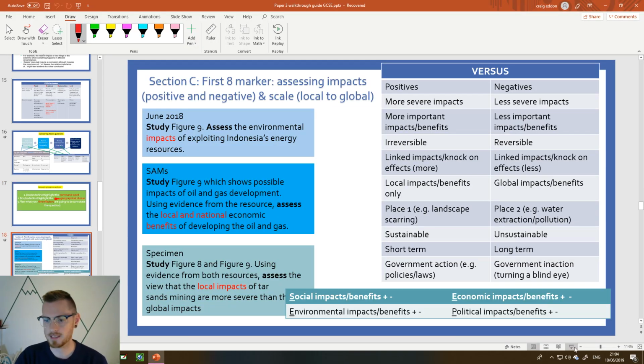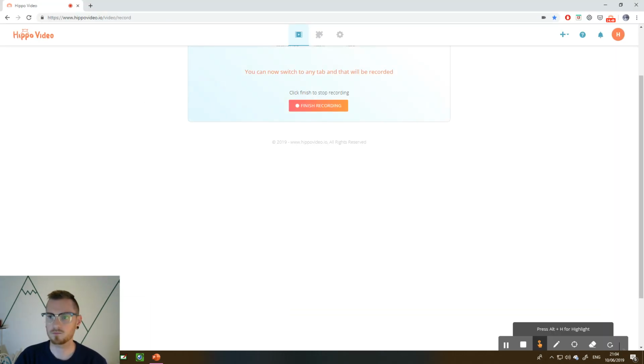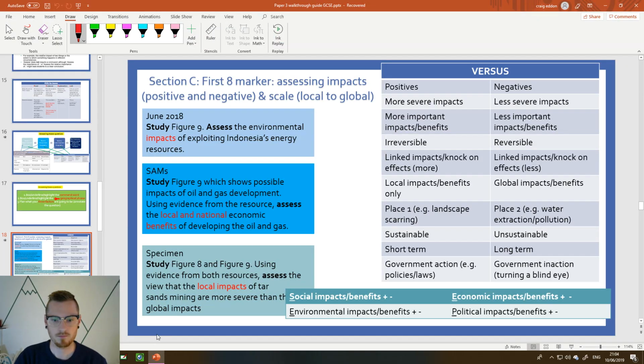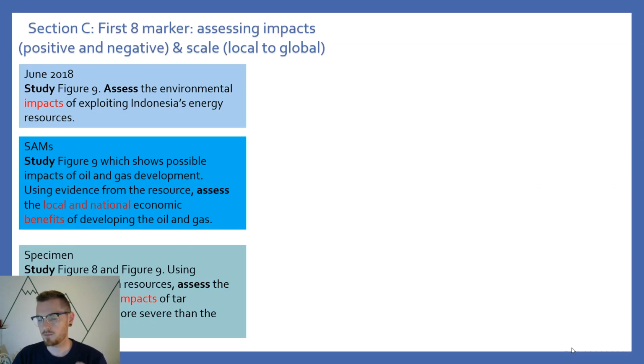Okay then, so let's keep going with the assessed questions. So far, there's kind of been the pattern of two types of assessed questions. So let's look at the first 8 marker. Now, the first 8 marker on section C, and again, I'm saying assessed because so far they've all been assessed, but they could be evaluated.